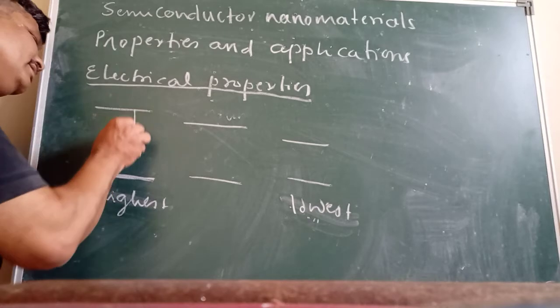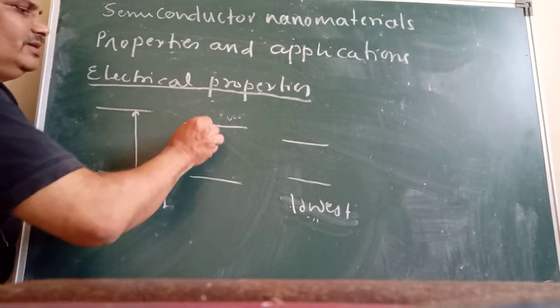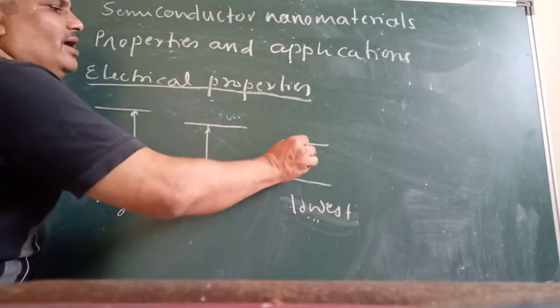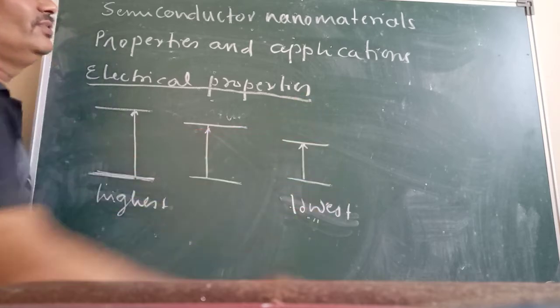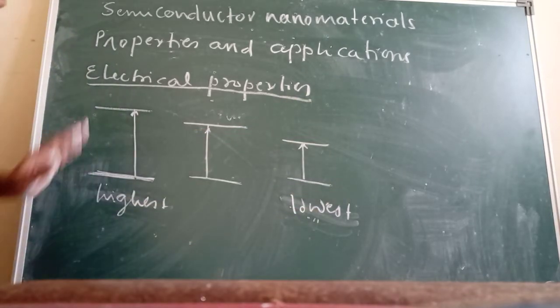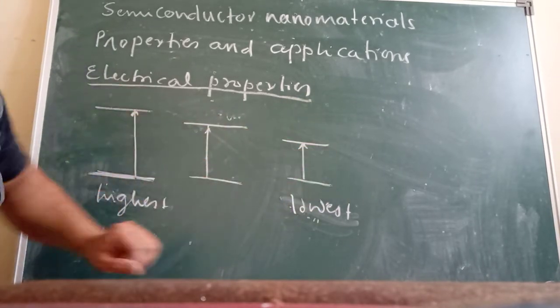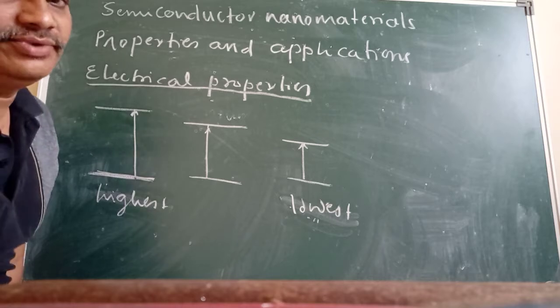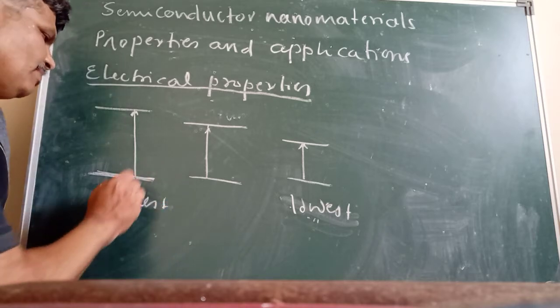So here it is higher, this is low, and this is further low. The electrical properties of the semiconductor also vary with respect to this. This axis is the band gap and this is the particle size.